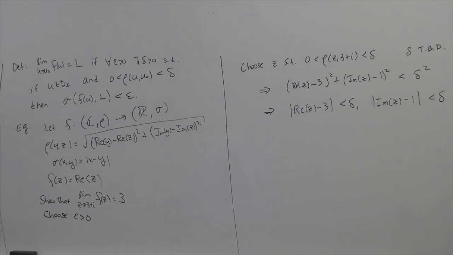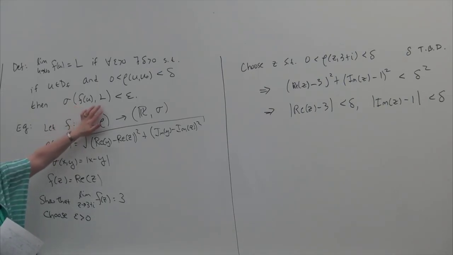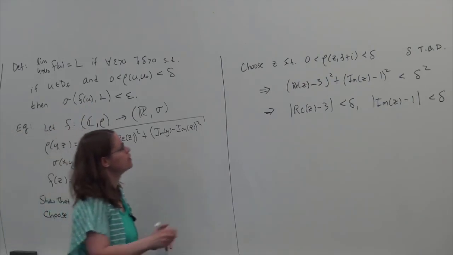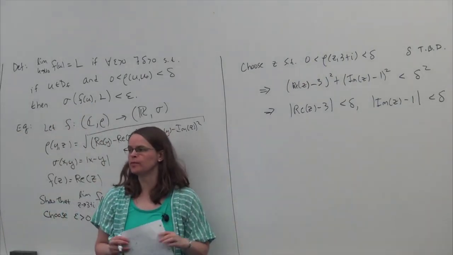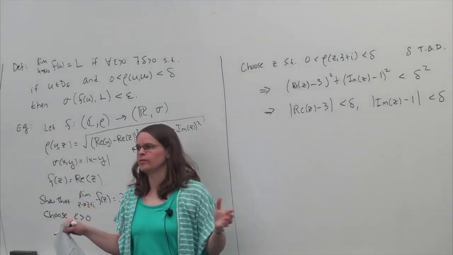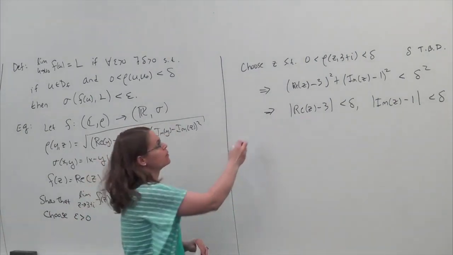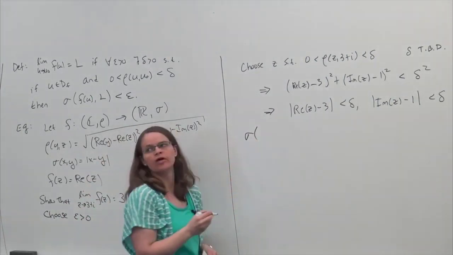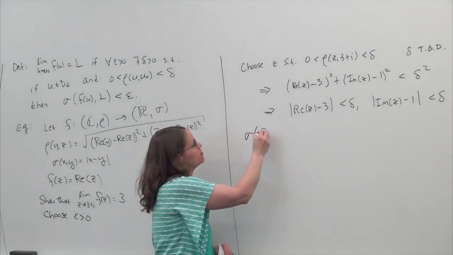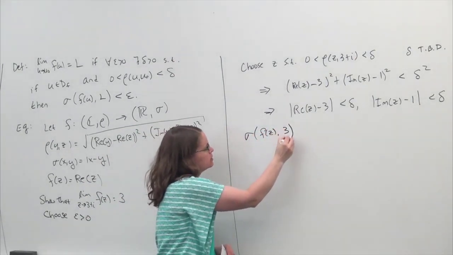Okay, now what do we need to do? We need to look at the distance between f of z and our candidate limit, which we think is 3. This is the part where normally you would write f of x minus L and manipulate. Now instead of that, we're going to write the metric between f of z and 3.